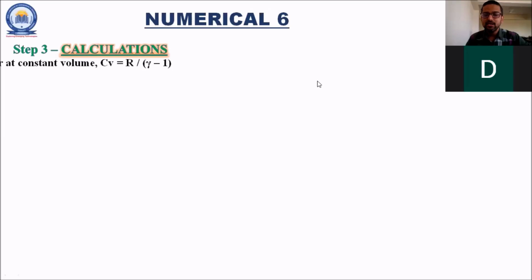Moving further, now we need to calculate delta U. So the standard relation for delta U is m CV (T2 minus T1). We have the mass, we have both the temperatures, but we do not have the value of CV. So first we will calculate the value of CV. CV is equal to capital R upon (gamma minus 1). Remember friends, this is the constant value and always here comes gamma.